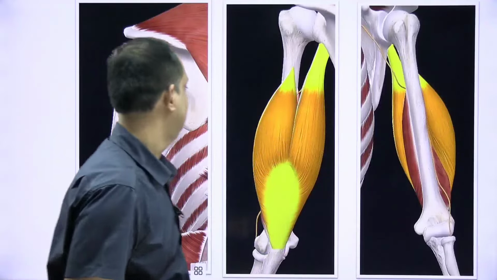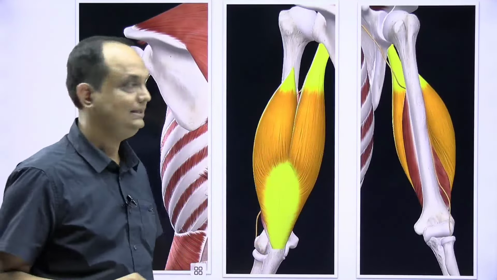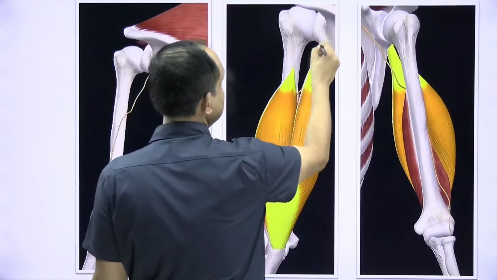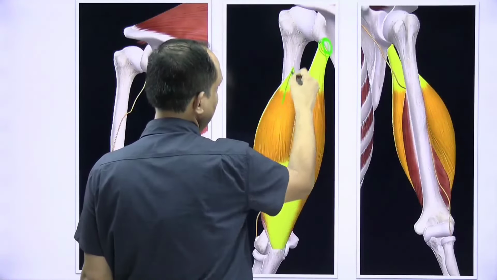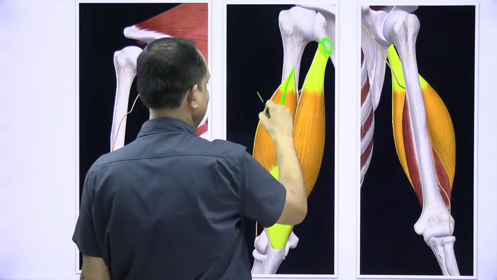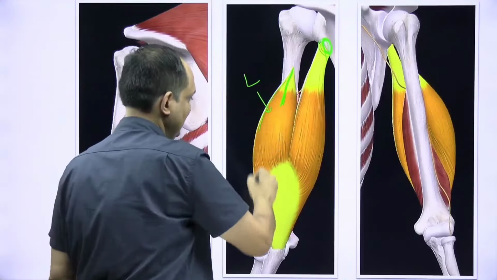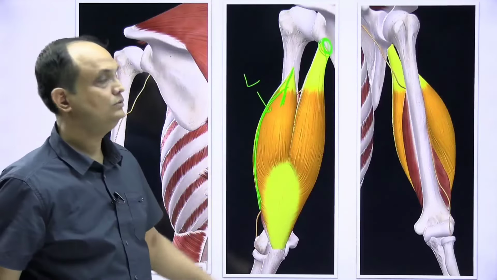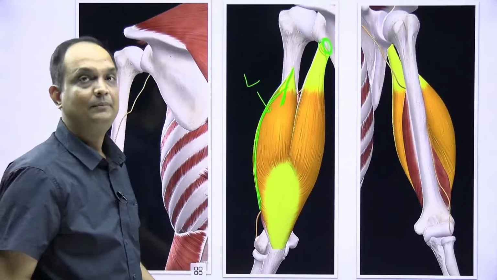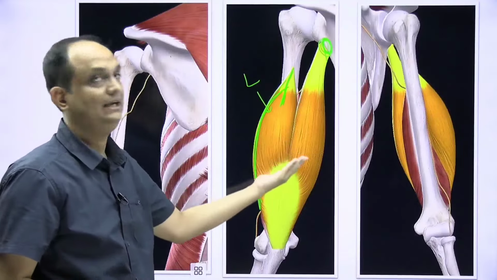Now, here in these three diagrams, you can see that this is the long head which is coming from the infraglenoid tubercle. Now, this is coming from the ridge. So, this is the lateral head, and it is placed on the lateral border of the triceps. But you are not able to see the medial head. Why? Because the medial head is below the lateral head.